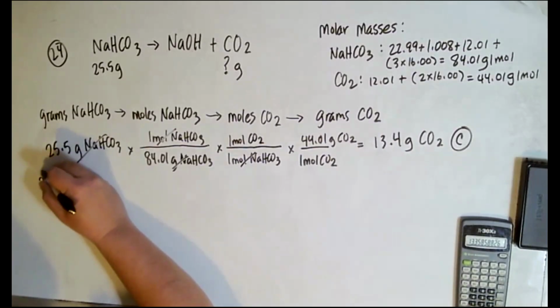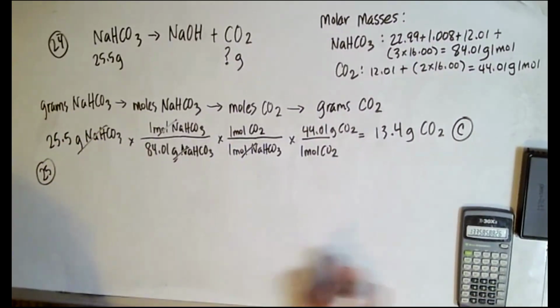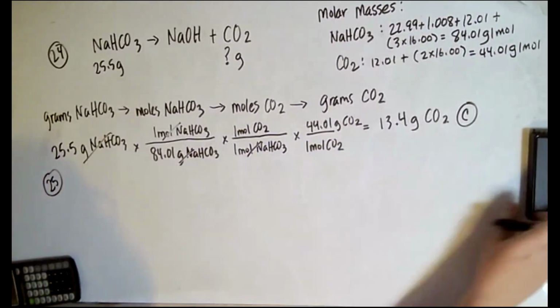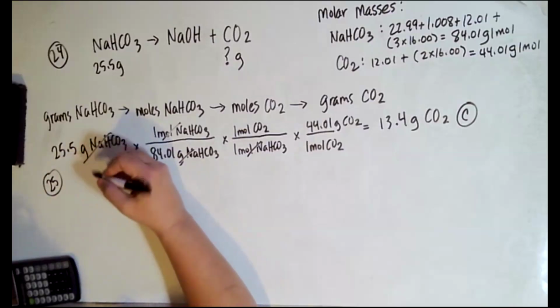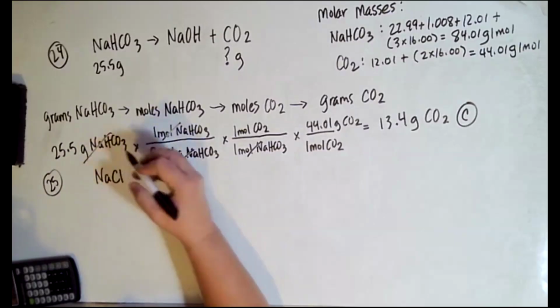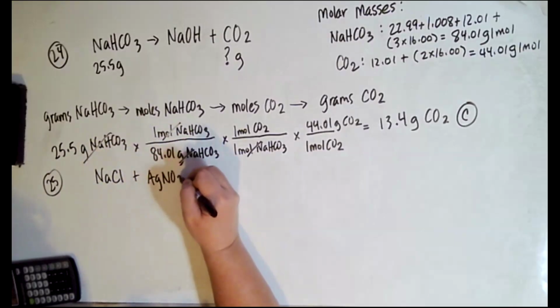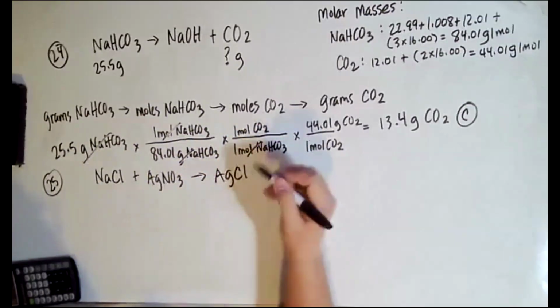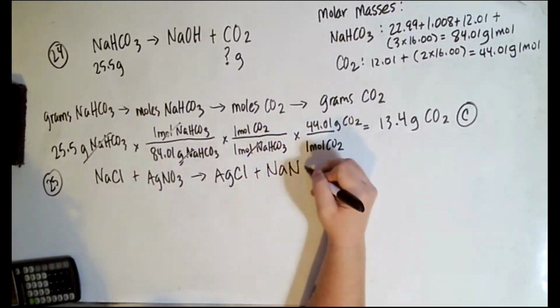Now let's look at question number 25. It's going to be real similar in terms of the steps that we want to do. Our reaction that they give us is NaCl plus AgNO3 produces AgCl plus NaNO3.